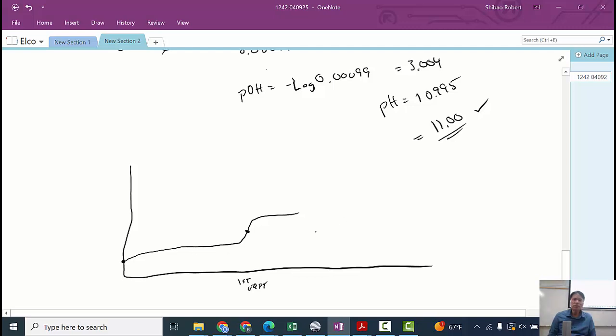The pH at the first equivalence point here is equal to the pKa of our acid, which is oxalic acid, plus the pKa of what? Actually, it's not the pKa of the oxalic acid. What was it?